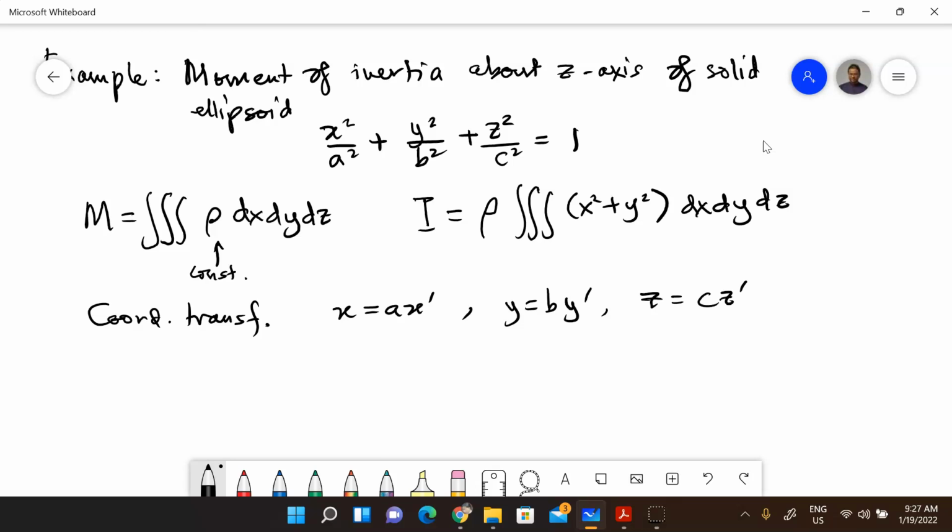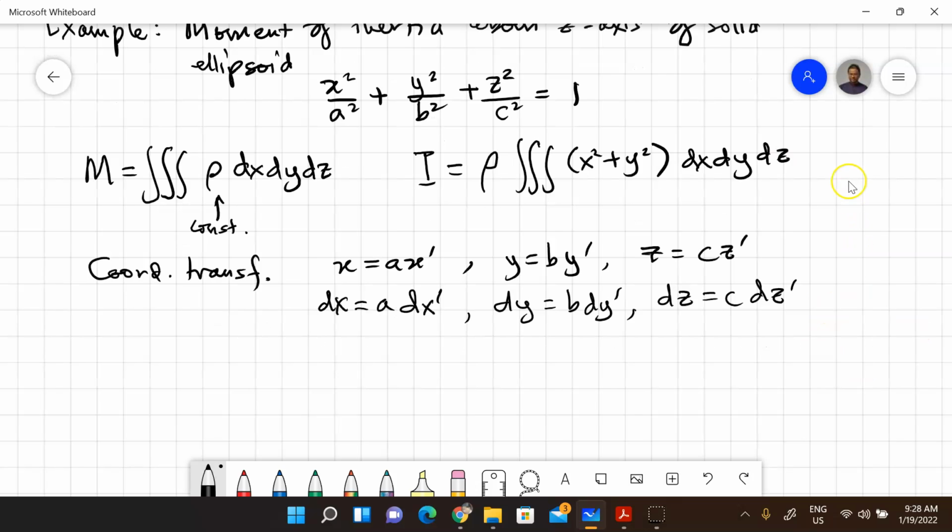Okay, and then of course the differentials will be just a dx dash, b dy dash, and dz is c dz dash. So I'm just going to replace your dx dy dz on both parts here. So that will actually give us the following.